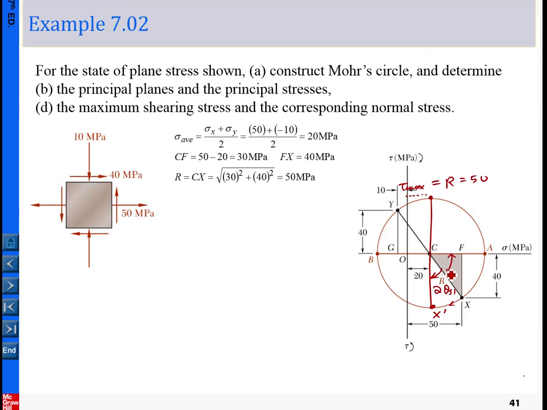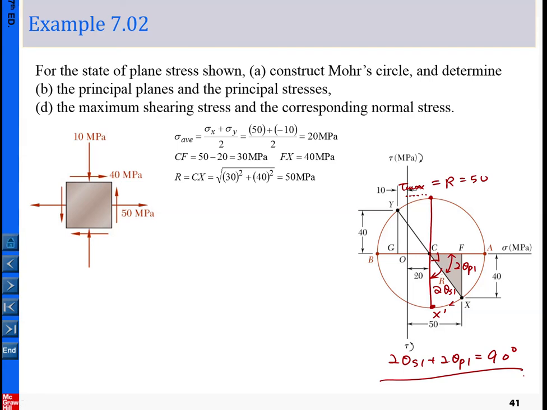Earlier we determined 2 theta p1. By looking at the graph, 2 theta s1 plus 2 theta p1 equals 90 degrees. You don't need to recalculate using whatever triangle is available; by observing the graph this relation comes up naturally, so that is a quick way.